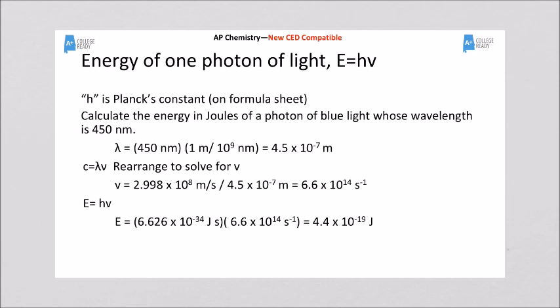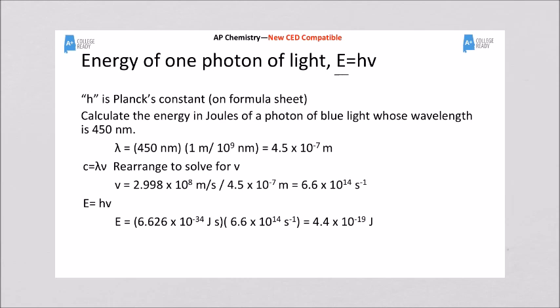And then the other formula that's related to this is energy. Any one photon of any type of electromagnetic radiation has a certain energy associated with it. H is Planck's constant.